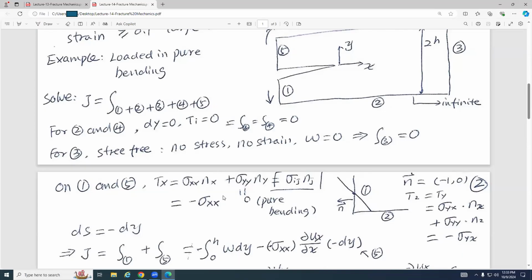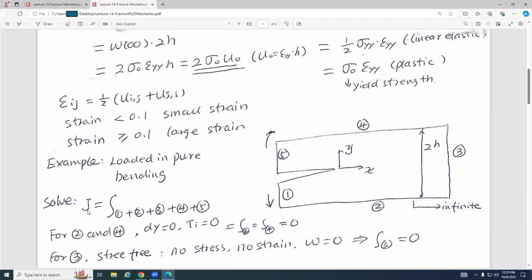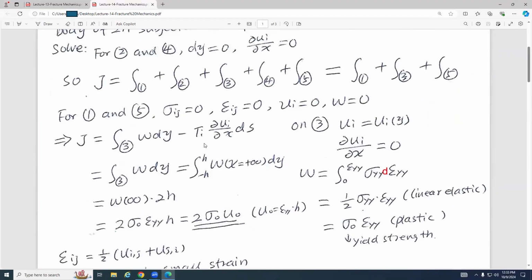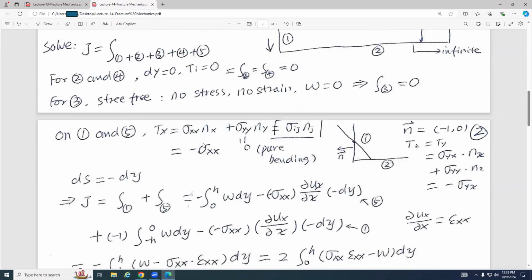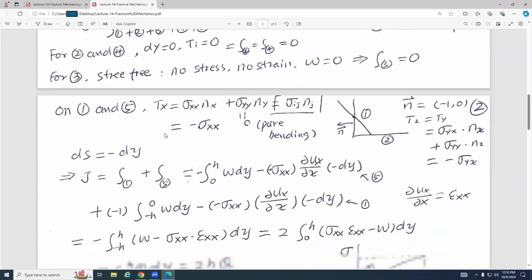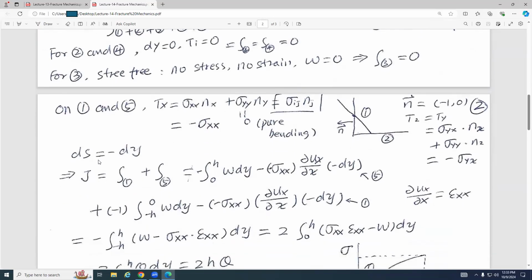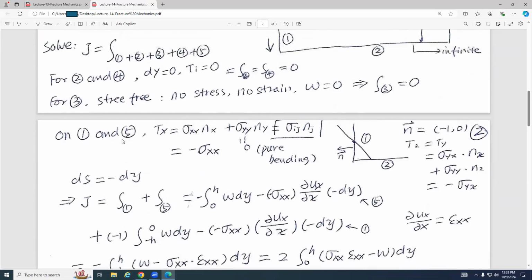Questions so far? Okay, T2. So this is the T1, right? So this is Tx. We also have this on the first segment and the fifth segment, guys, because it is a straight line.